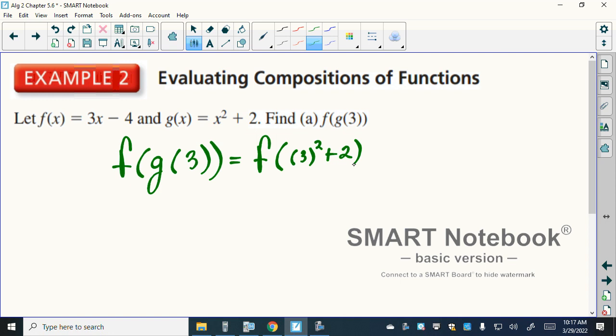This looks like it's about to get really kind of massive and big. If we left it in this form here of 3 squared plus 2, it could get massive, especially if we plugged it into f of x at this point. I don't see the point of doing that.